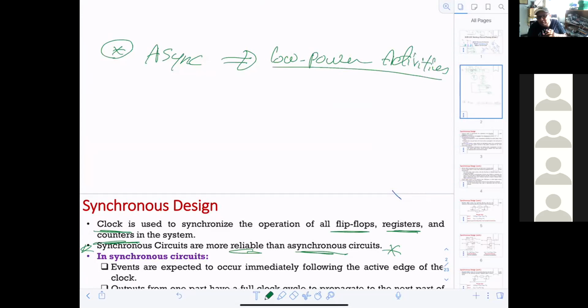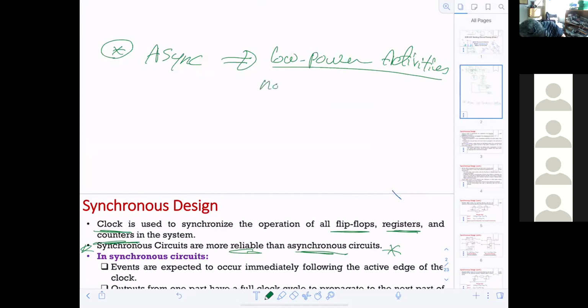And this is basically what you are doing in lab 1, lab 2, lab 3. You're trying to hit low power. Somebody will come and say, hey professor, how are those labs asynchronized even though we put a clock, so it's synchronized? No, it's not completely synchronized because there is combinational circuitry in the middle.